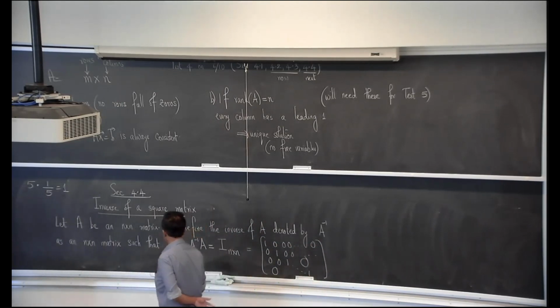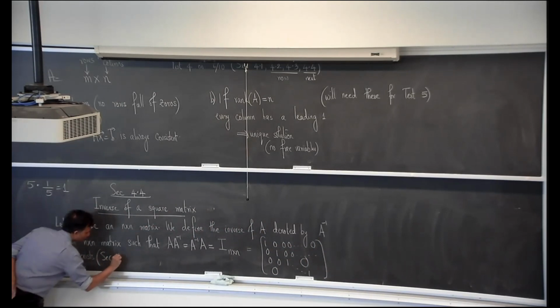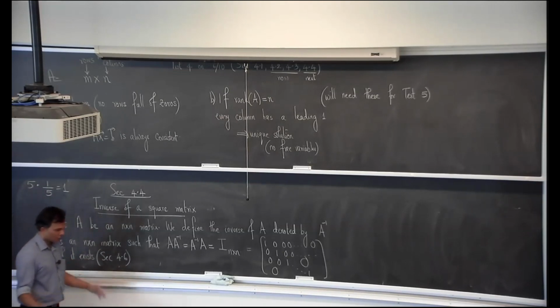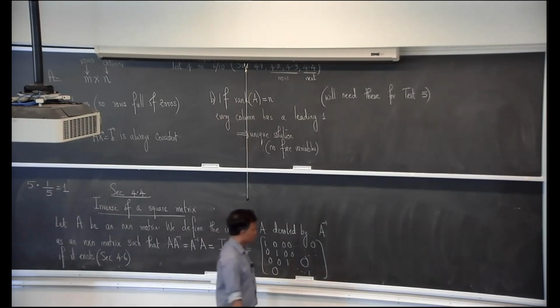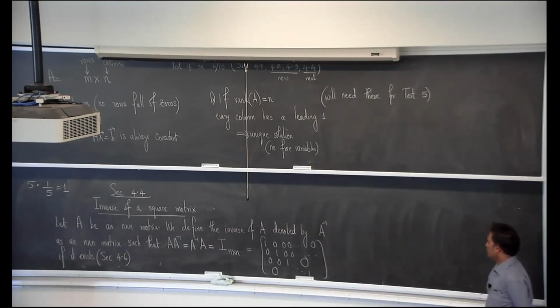Such that this, if it exists. This existence part is something we will worry about in section 4.6. Today we're just going to assume that whatever matrix we do has an inverse. That's a bigger question which we'll concern ourselves with later.